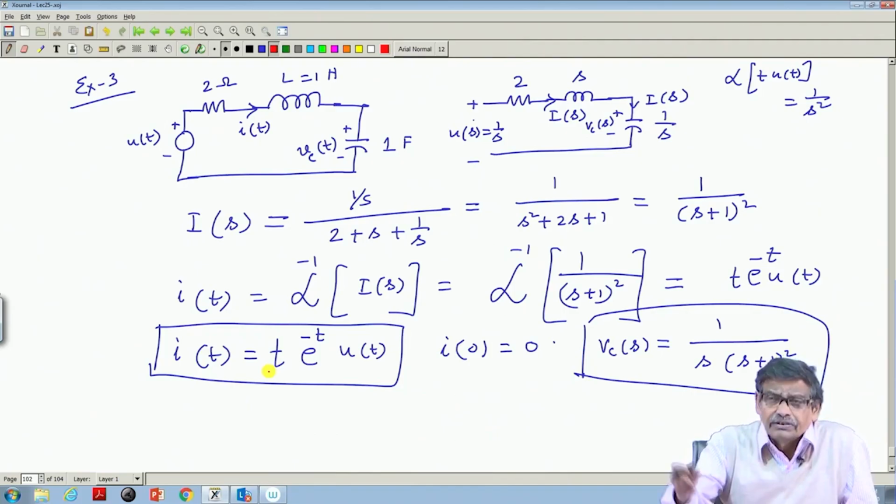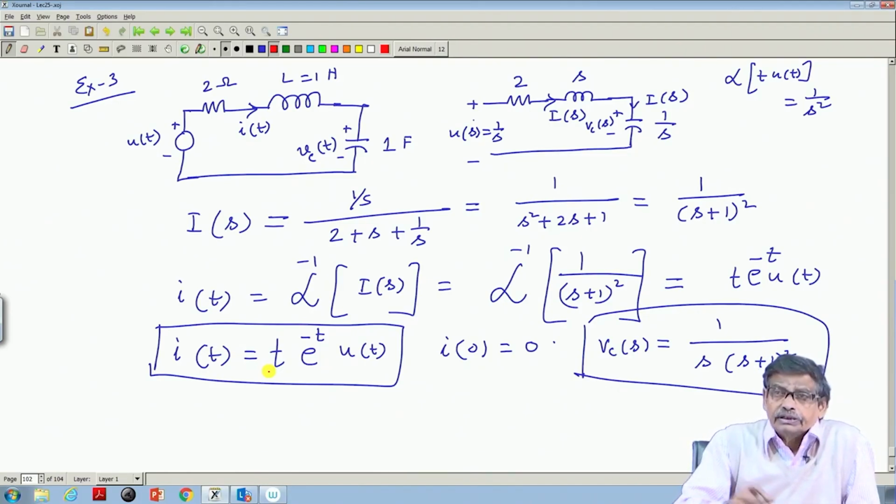Even if the circuit is complicated, there are several series parallel branches, do not worry, go on doing like this. Whatever output you have to calculate, just like a DC circuit you do the algebraic manipulations. And then of course, before taking the Laplace inverse, you must bring the right hand side in such a form that you can easily identify what will be the Laplace inverse of that.